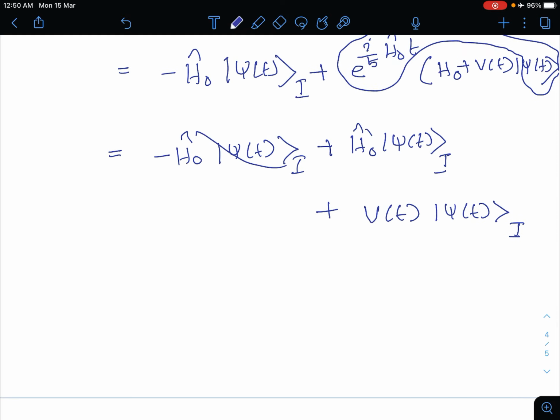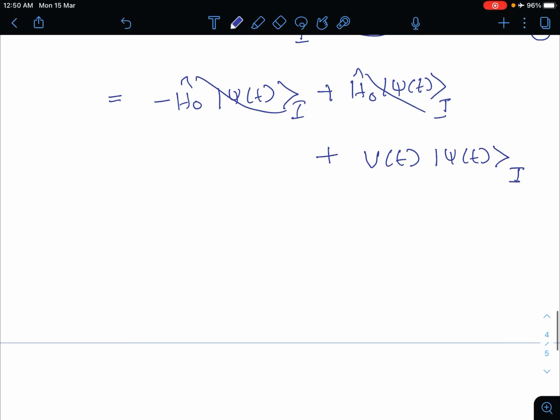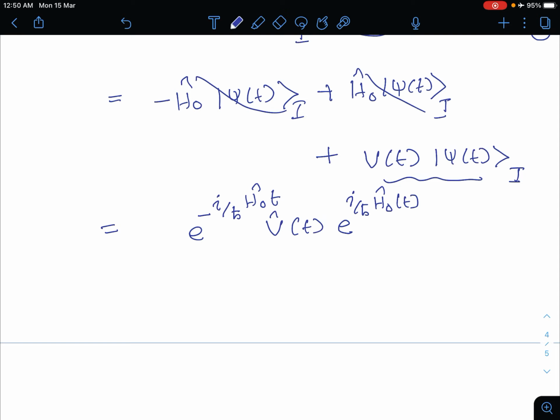Now these two terms get cancelled. Now I have this. What I'm doing is multiplying by i by h cross H0 t V of t, and left multiplying by e raised to plus i by h cross H0 t into psi of t I. Good.